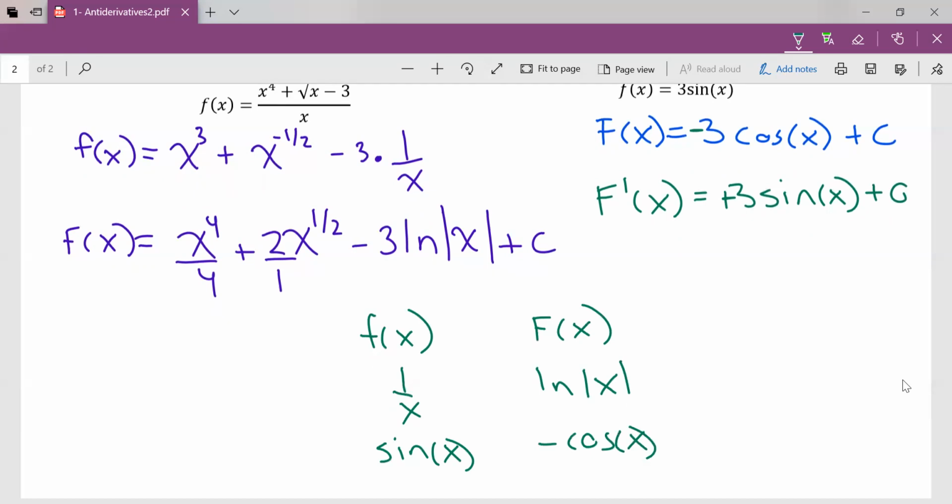And of course, what are we missing? Cos x. Well, if the original function was cos x, so I'm just going to write it off to the side here because I ran out of room. Bad teacher. If the original function was cos x, then the antiderivative of that would just be positive sine x. And again, if you're stuck, you always just take the derivative and work backwards and see if you end up with what you should. Okay, there's the antiderivative to undo the power law. Have fun.